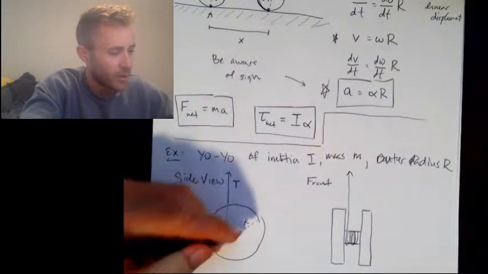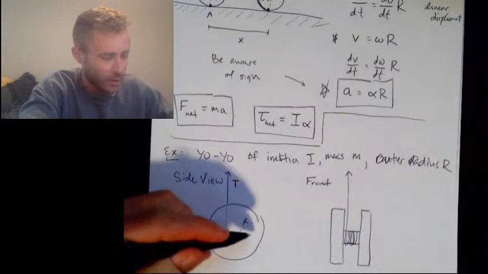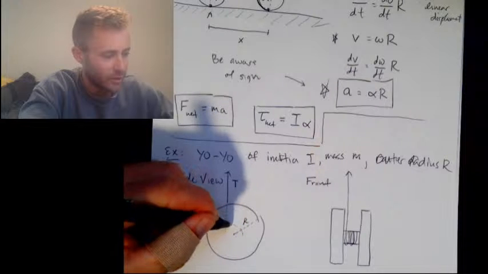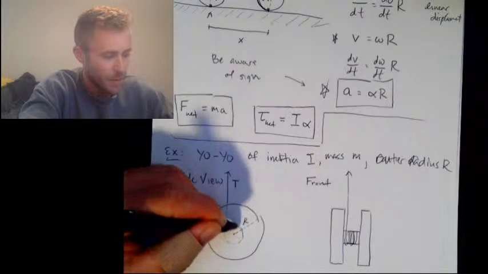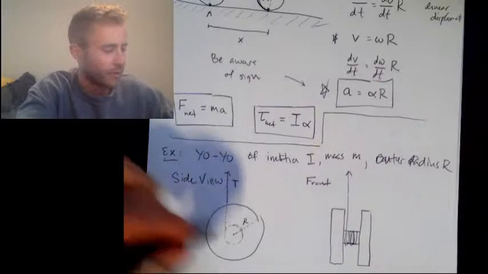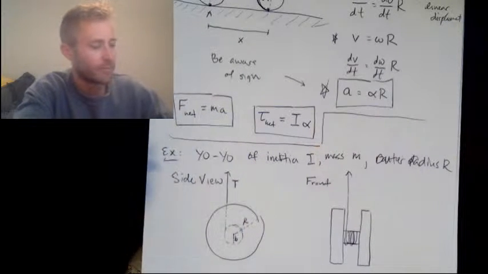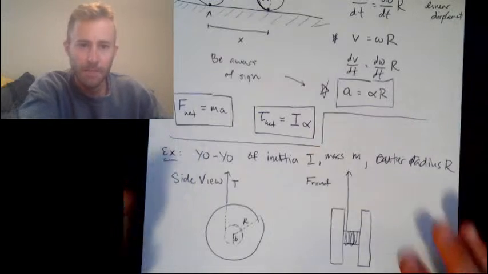So if we could x-ray through the yo-yo, you would see this inner circle, okay? And I'm going to call the radius of that inner circle b, all right?